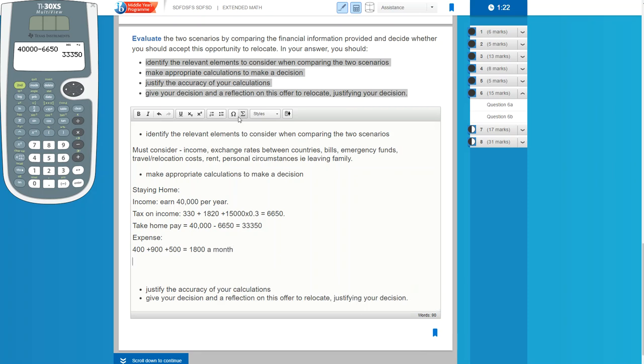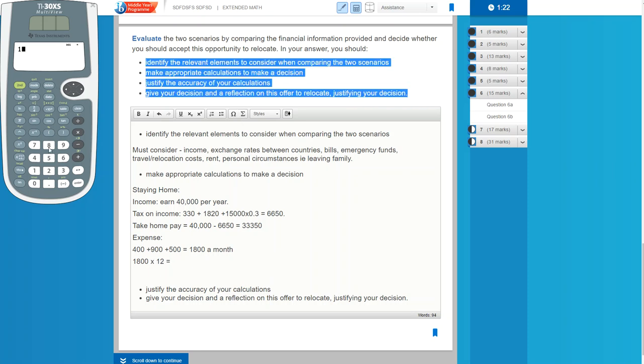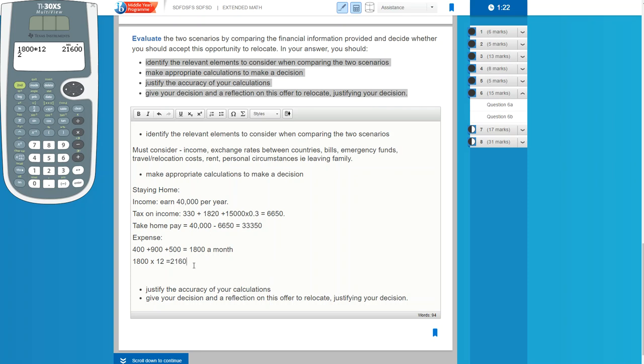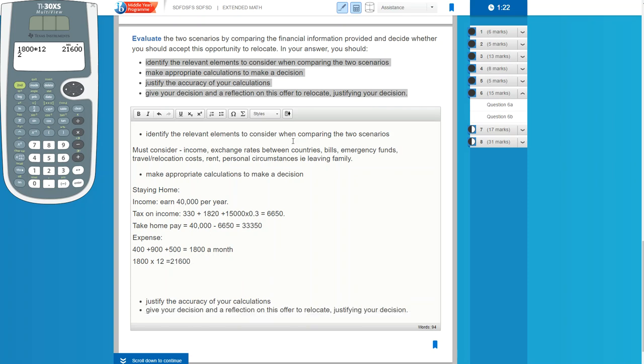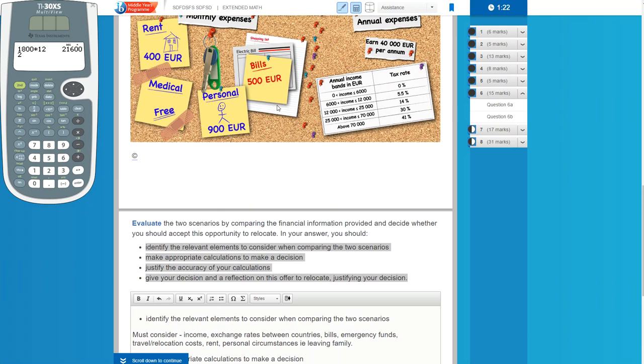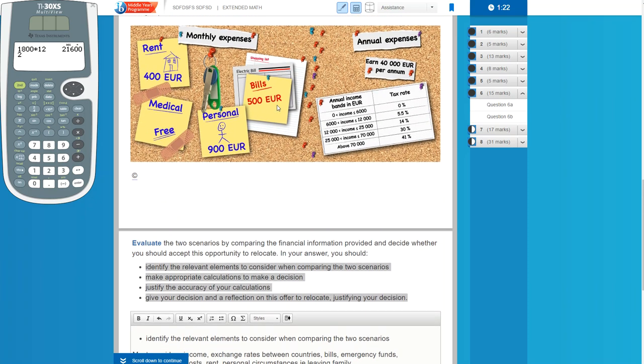So that works out at 1,800 times 12, which is equal to 21600. Do I need to consider anything else in this? Nope.